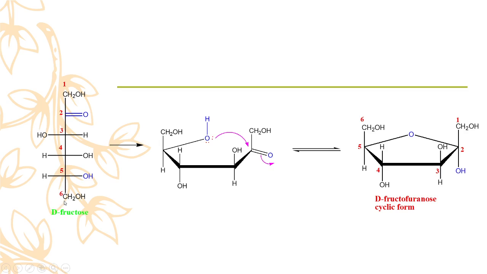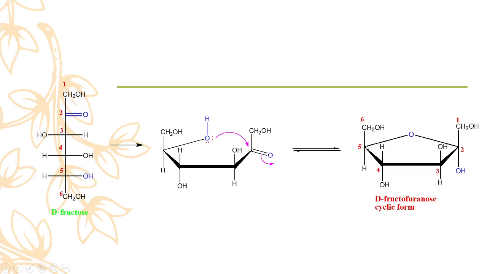The sixth carbon contains this CH2OH. Then the fifth carbon atom is attached to the second carbon. The oxygen on this fifth carbon atom can attack this carbonyl carbon.